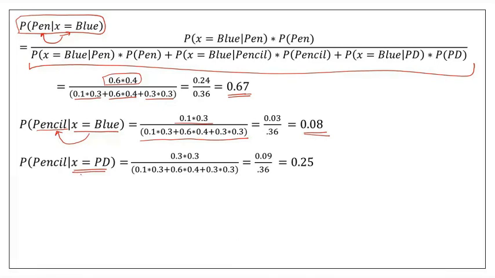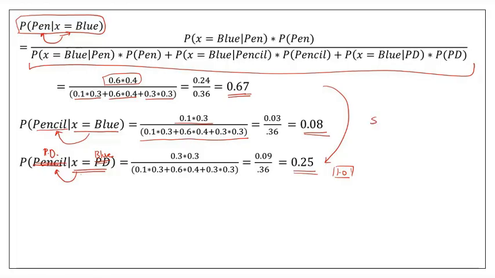Given that the object is of blue color and it is a pen drive, calculation shows it is 0.25. Okay, now we have all three probabilities. You can check that the sum must be 1. If this is not 1, then there is a problem in our computation. I hope this is 1.